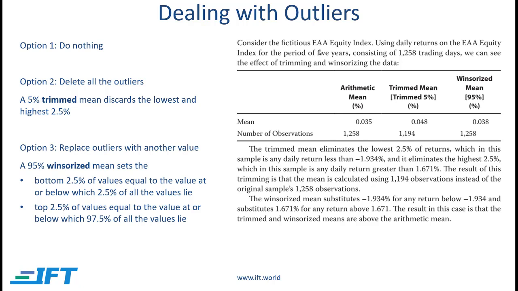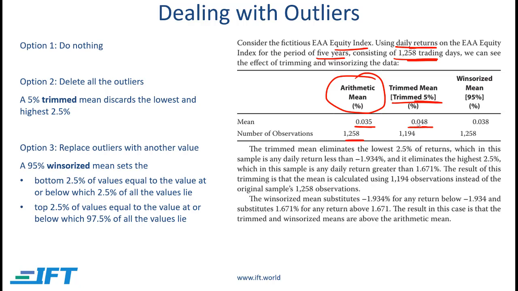Here is an excerpt from the curriculum that highlights how we deal with outliers. We have this equity index and we are looking at daily returns for the last 5 years. So we have this many trading days, 1,258. If we calculate the arithmetic mean, we get 0.035%, and we are considering all the observations. If we use a trimmed 5% mean, then we get a higher number.